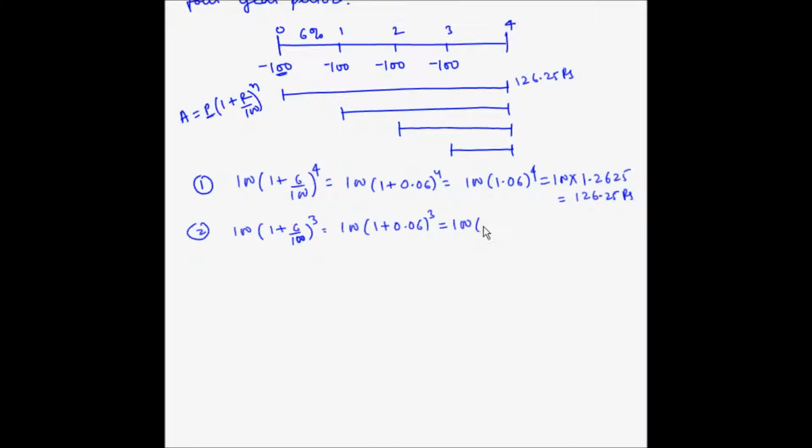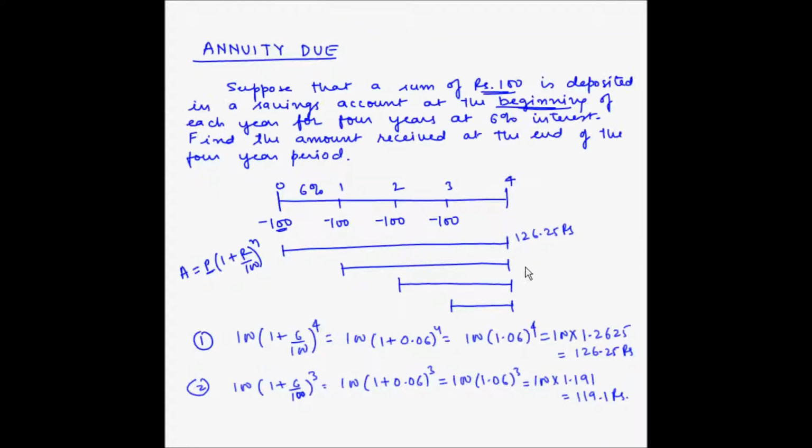This is equal to 100 into 1.06 to the power 3. So this is equal to 100 into 1.191, which is equal to 119.1 rupees. So this is 119.1 rupees.